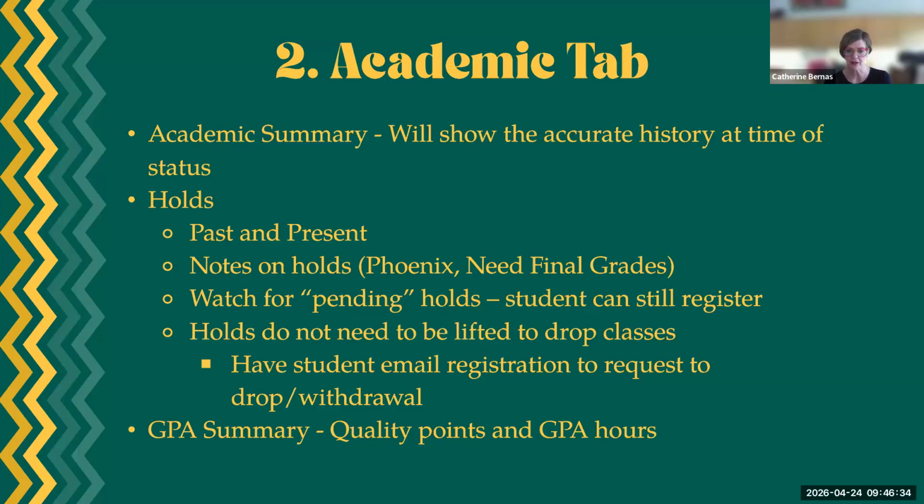I'm not only looking for probation holds, I'm looking for exclusion holds. I'm looking for dean's office holds. It might look like a DE hold. In many cases, I might be looking for holds that indicate that the student needs final grades. I might be looking for Phoenix holds. So all of these different kinds of academic holds will give me a full picture of where the student is in relation to probation.